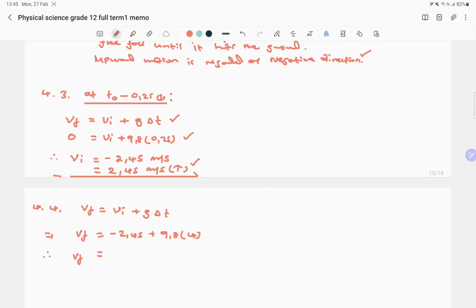Okay, so let's quickly answer the question. So it's minus 2.45 plus 9.8 into 4. So what we're getting here is 36.75 meters per second. But now this one comes out positive, so it's downward.